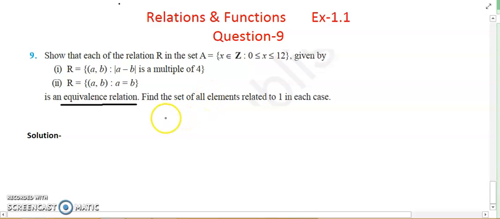All right. So first of all we will prove the relation is an equivalence relation. For that, one by one we have to show the relation is reflexive, symmetric and transitive. First I will show the relation is reflexive.